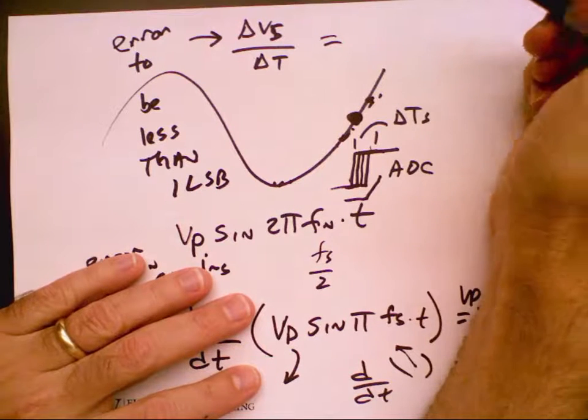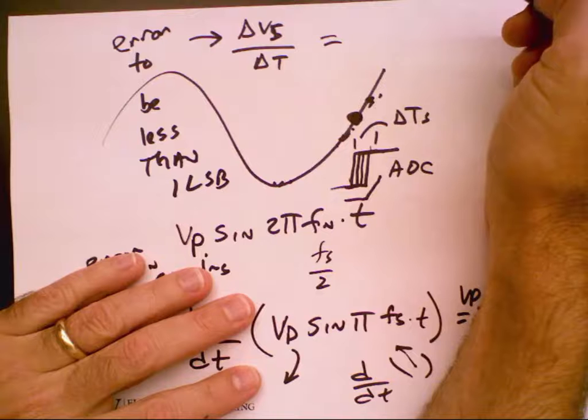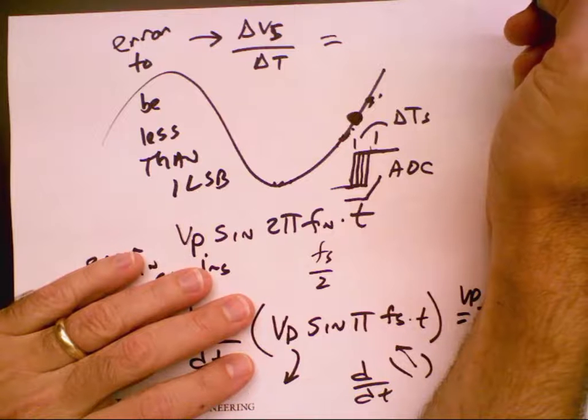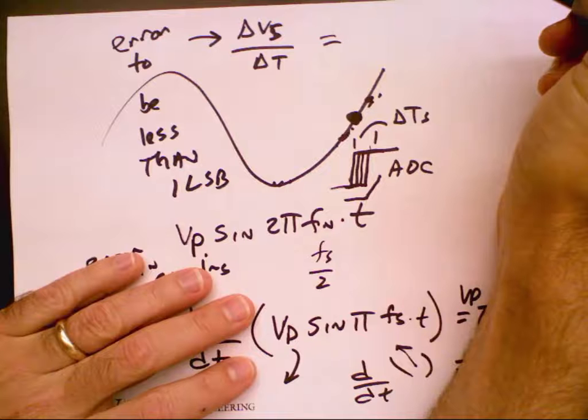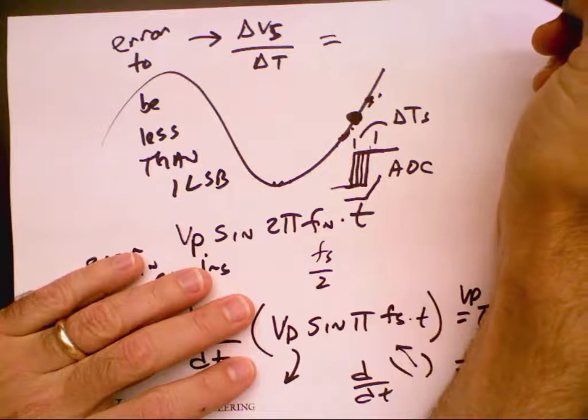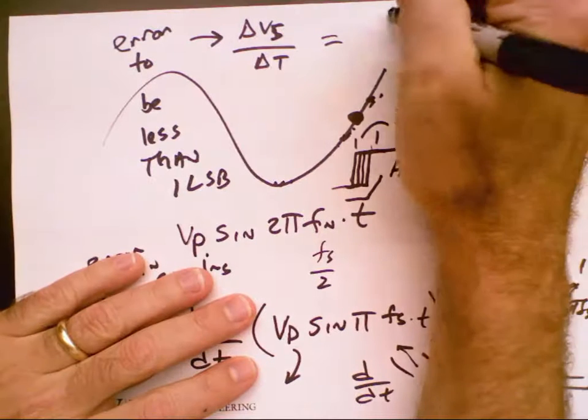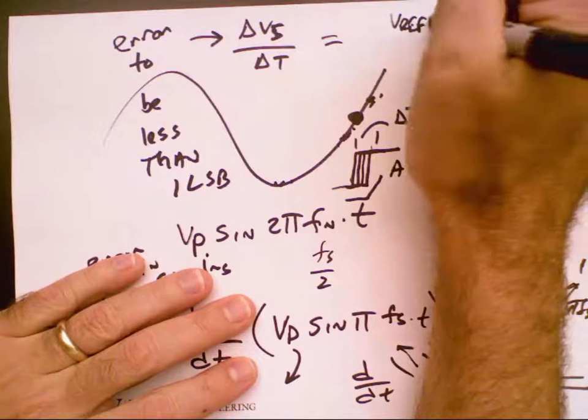I'm a broken record. What does that mean? It's slang. I'm repeating myself. So what's del Vs? I want it to be less than 1 LSB, so I'm going to put it as 1 LSB.